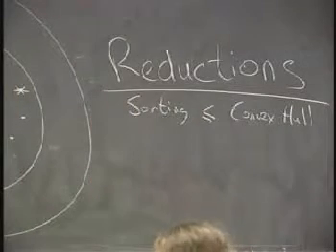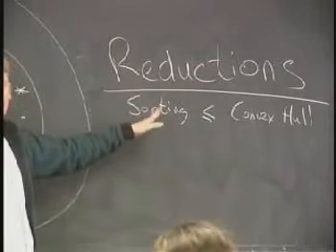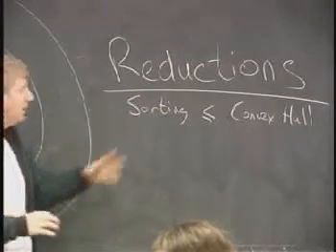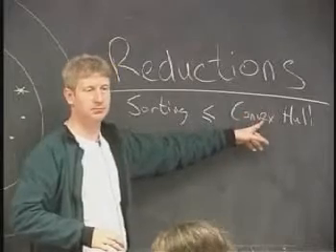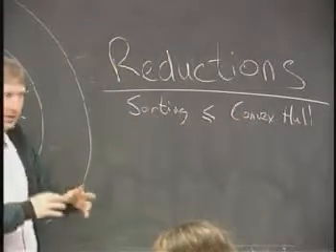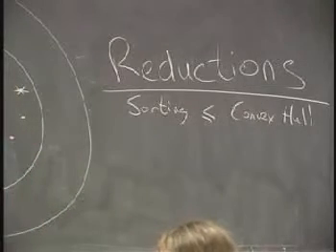And the way we did this problem, the way you do any reduction, is you take the input to the problem on the left. You fiddle with it, and you make an input to the problem on the right. Take the input to the problem on the left, fiddle with it, make a new input to the problem on the right. Mathematically, we call that a function.